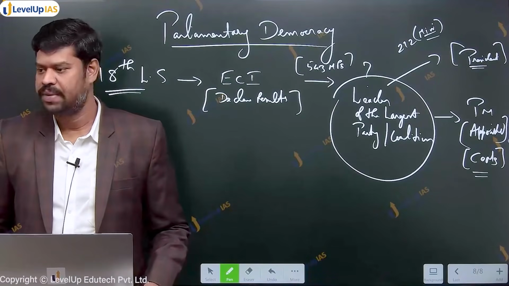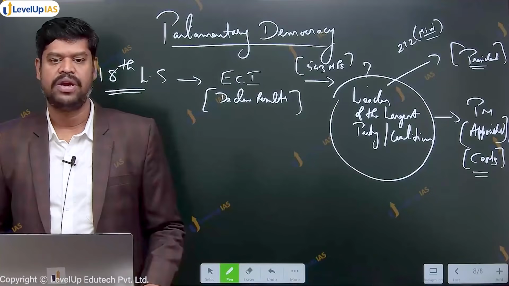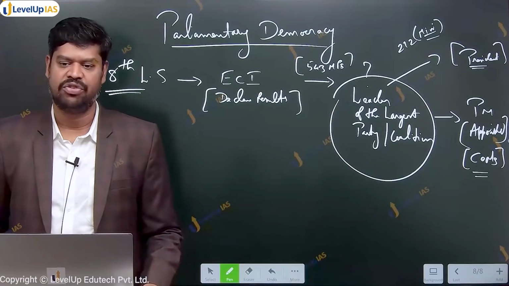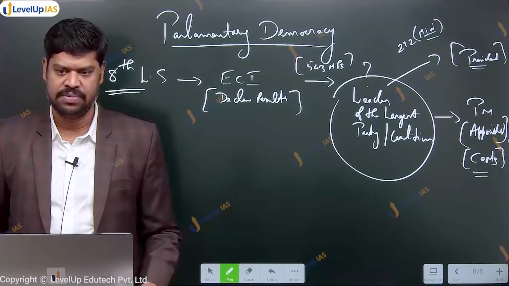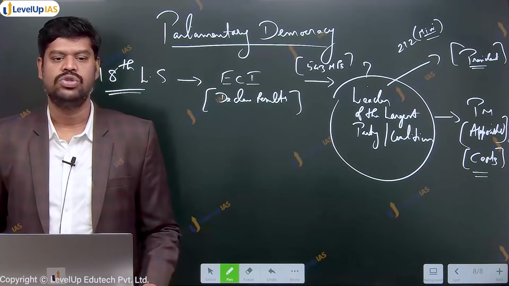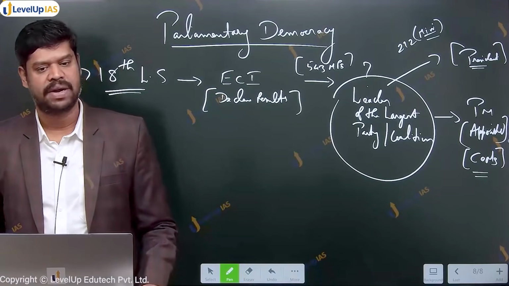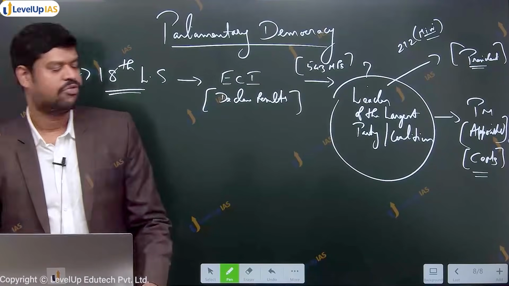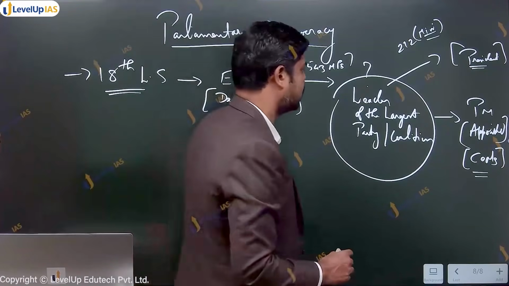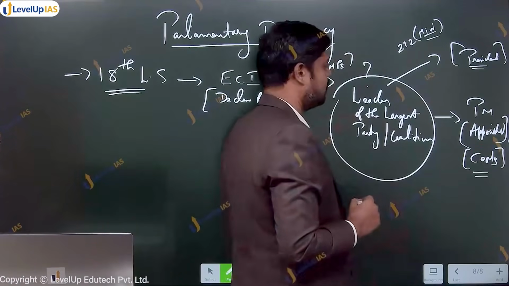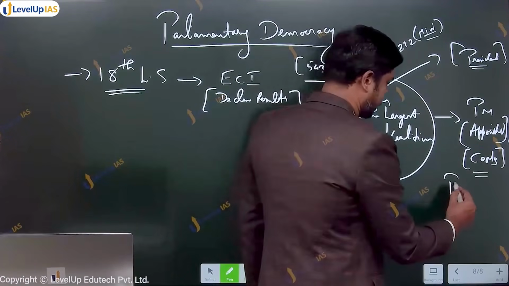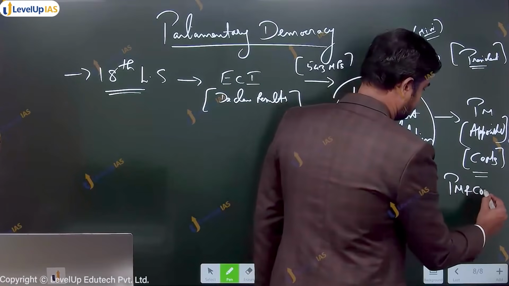Therefore, both the prime minister and the council of ministers will be appointed by the president of India. But the prime minister is usually the leader of the largest party, and the other ministers are those whose names are recommended by the prime minister to the president. Now, try to understand parliamentary democracy. The question is where these prime minister and the council of ministers come from.